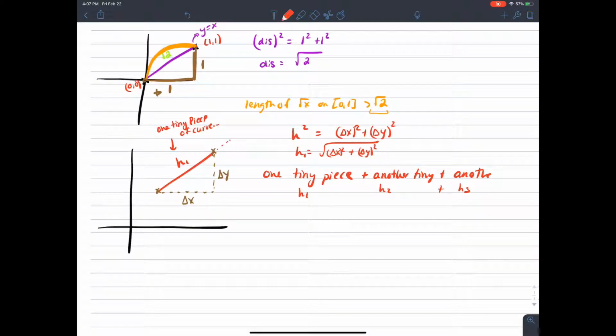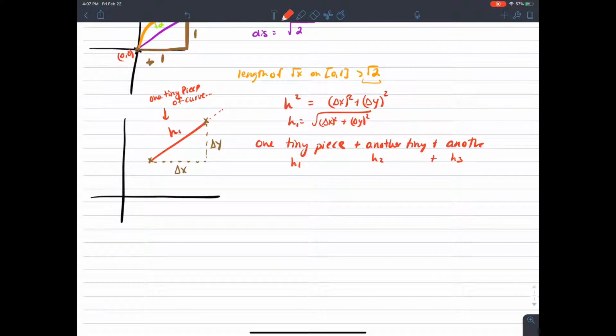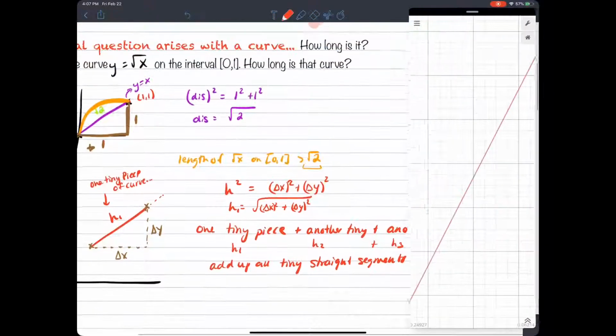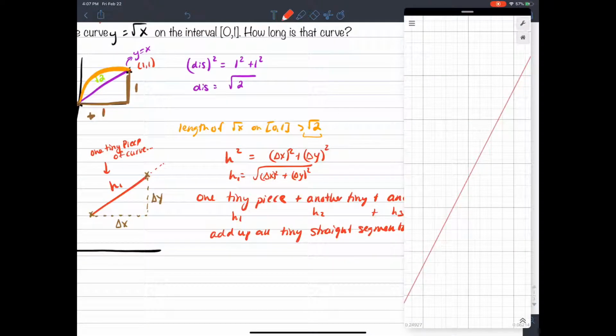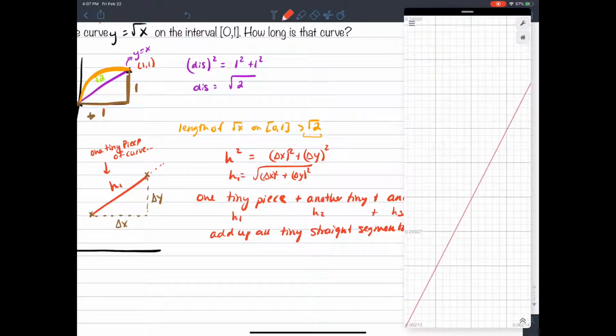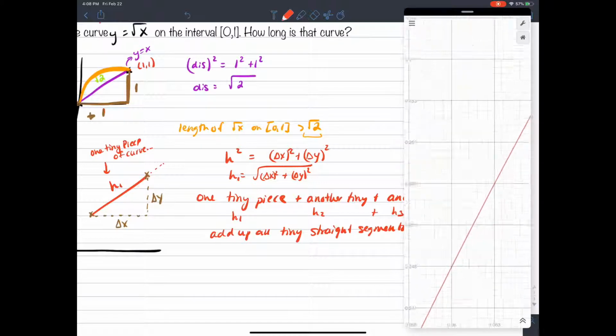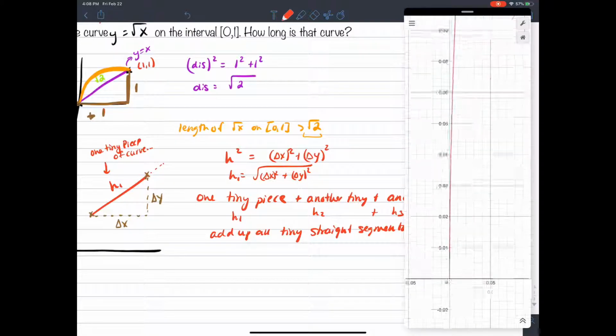So the idea here that we're starting to see with calculus is I could add up all those tiny straight segments. And what I'd see is all those tiny straight segments, if I put them end to end, would make this curve, because no matter where I zoom in, let's pretend I'm going to find h1.